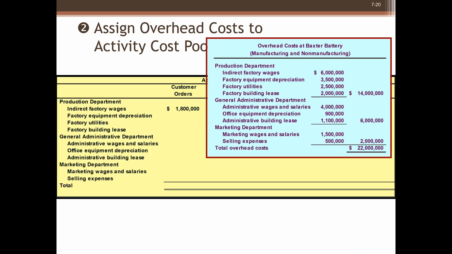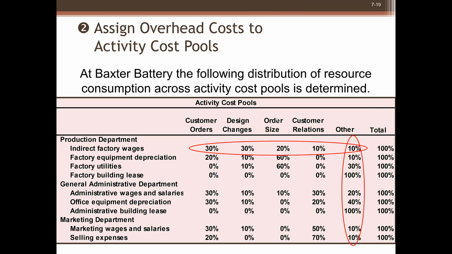Once the percentage allocation has been determined, it's straightforward to assign dollar costs to activity cost pools. Let's take a look at indirect factory wages. Cost here, $6 million. For customer orders cost pool, the company has identified 30% of indirect factory wages should be allocated to this cost pool.